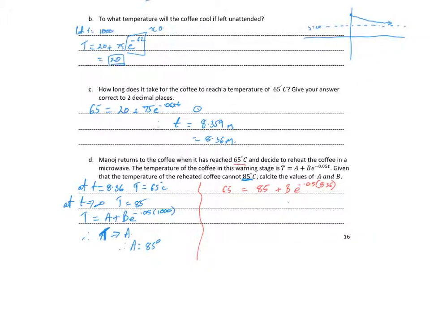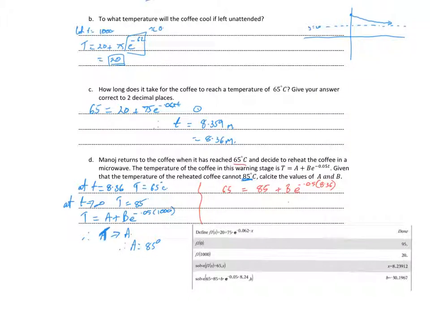8.36. So if I solve that on my CAS, I'll get, okay, so you can see here, I've gone to the calculator to solve my equation, and we can see a couple of things. Obviously, there's my initial temperature, 95. The value approaches as t gets bigger is 20 degrees. But you can see a little error there.